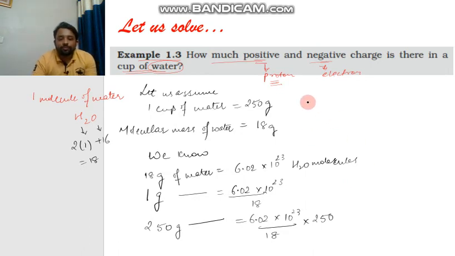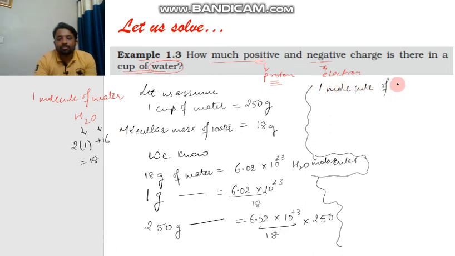So now, one molecule of water, we can see here, contains 2 hydrogen and 1 oxygen.